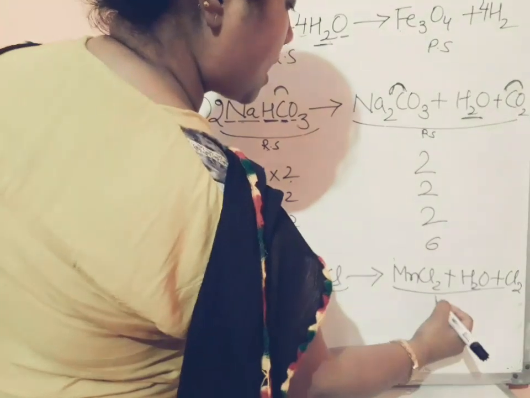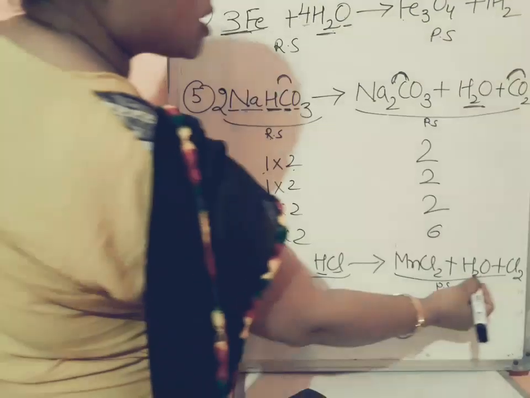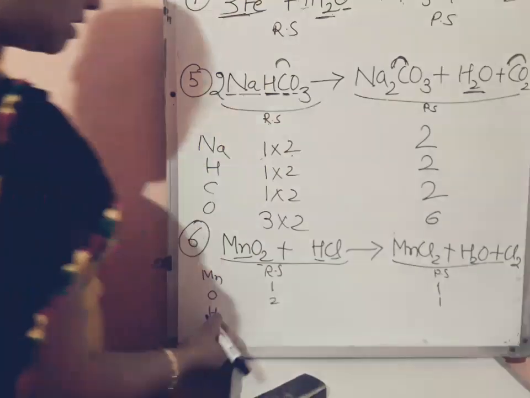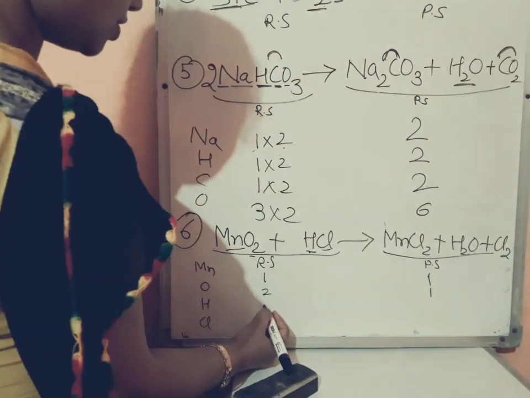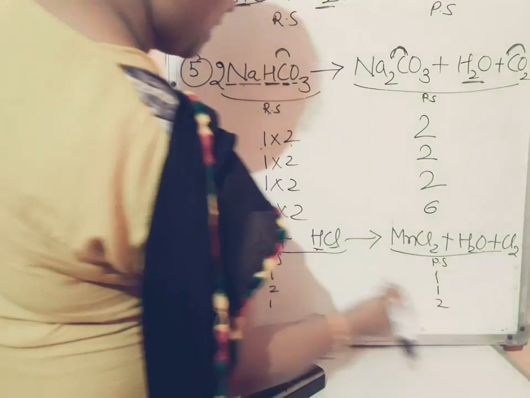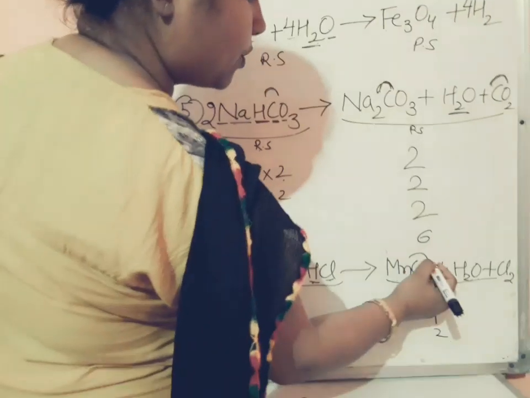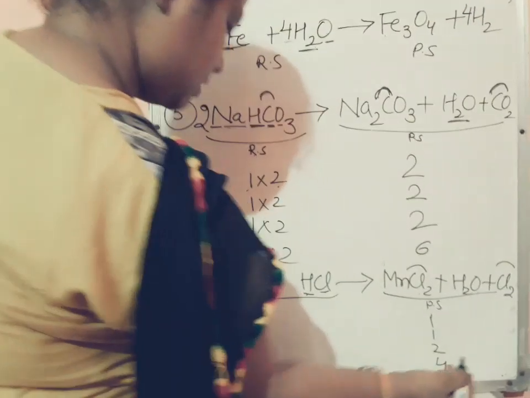And on the product side, 1. Oxygen 2, oxygen 1. Hydrogen, here is 1 hydrogen and here is 2 hydrogen. Chlorine, 1, and chlorine is at 2 places here, 2 plus 2, it is 4.